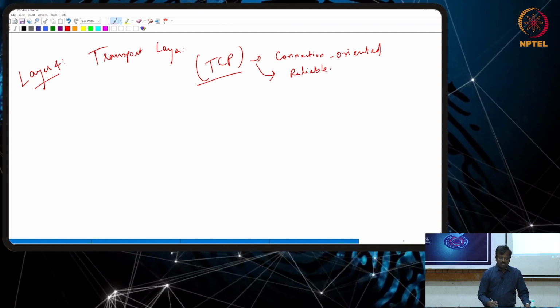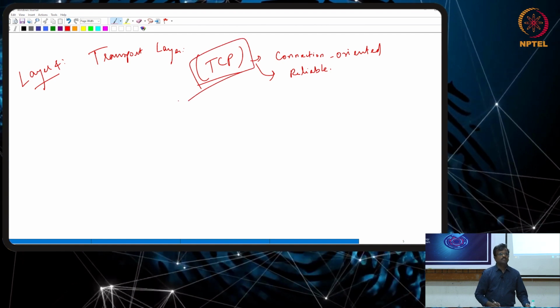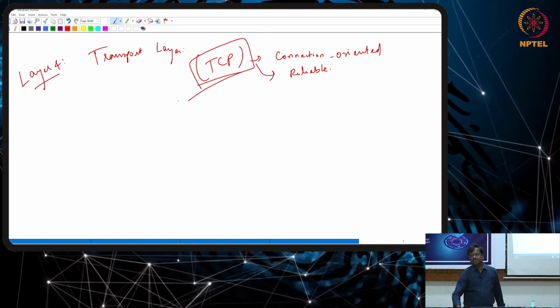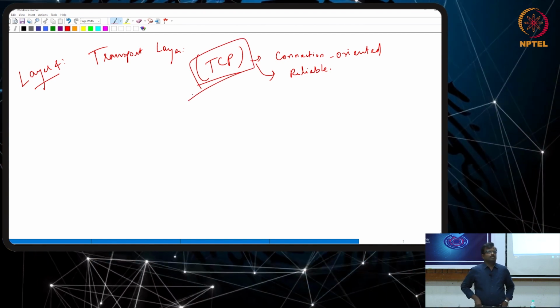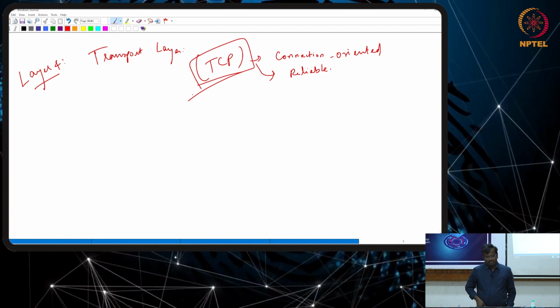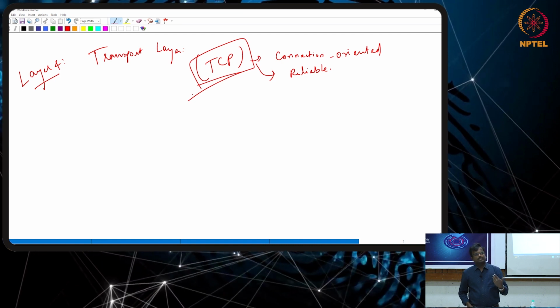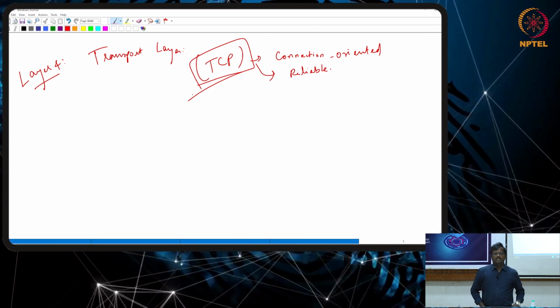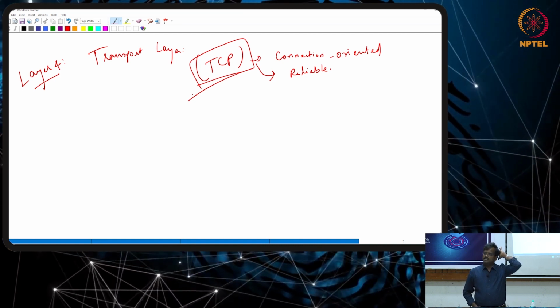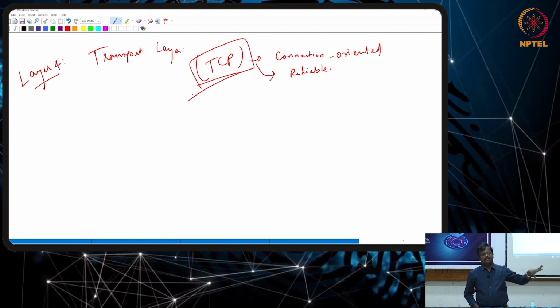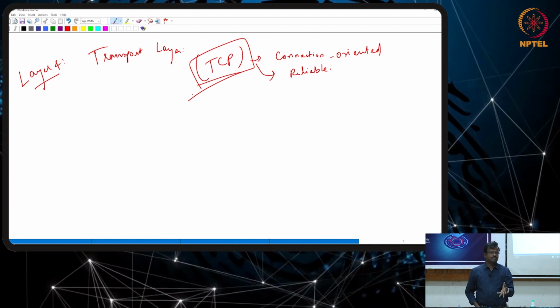Do you know why the TCP protocol was invented in the first place? Why is TCP required? Not for reliability or connection orientation. When the internet was first invented, it was used in very restricted places in academia, within universities, for research.